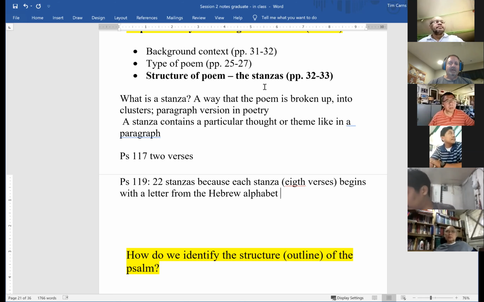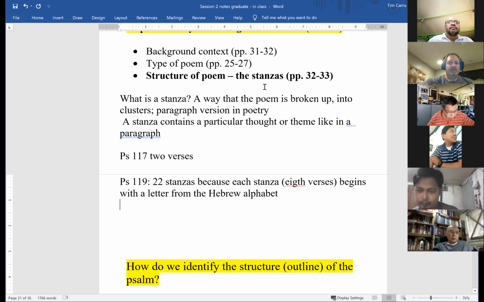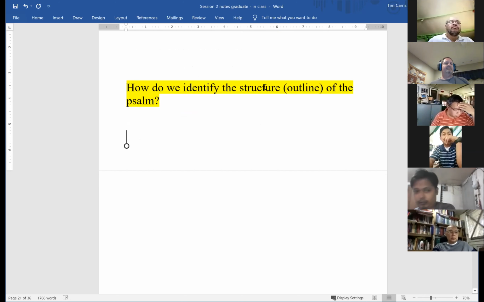All right. Now, in this particular psalm, Psalm 99, as we look at it, but before we do that, let me just discuss how we do this. How do we identify the outline of the psalm? The psalmist doesn't tell us stanza 1, stanza 2, stanza 3. So how do we figure this out?